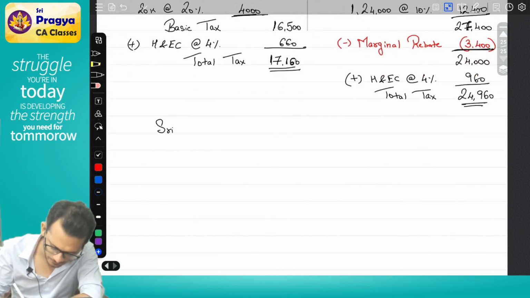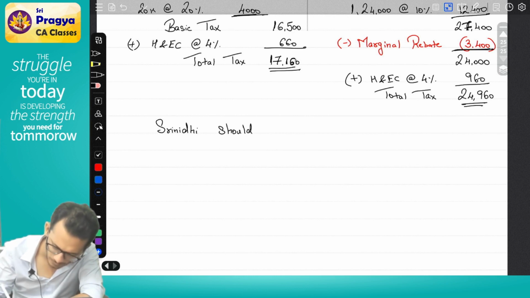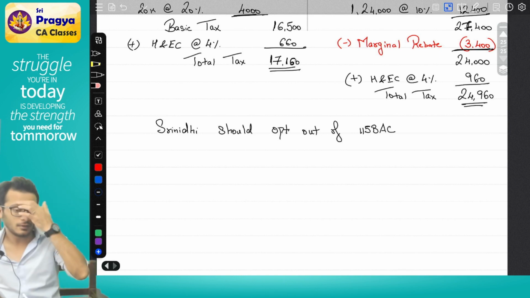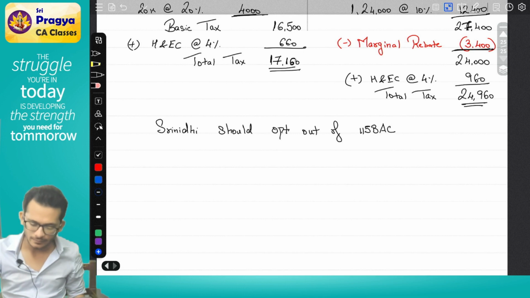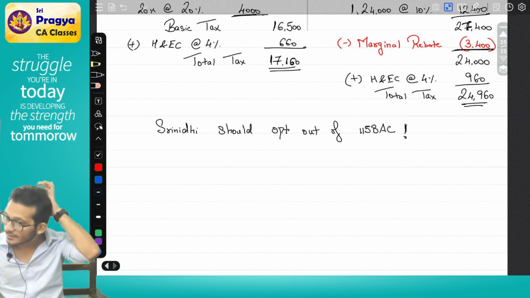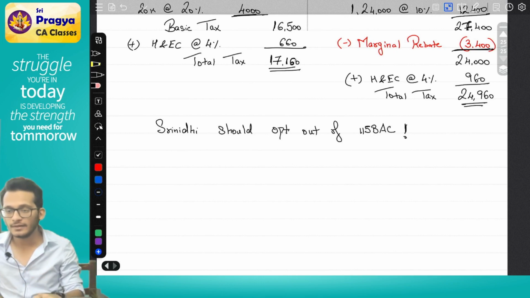Srinidhi should opt out of 115 BAC. Clear till here? Makes sense. Can we go forward? Yes, this is example number 1.